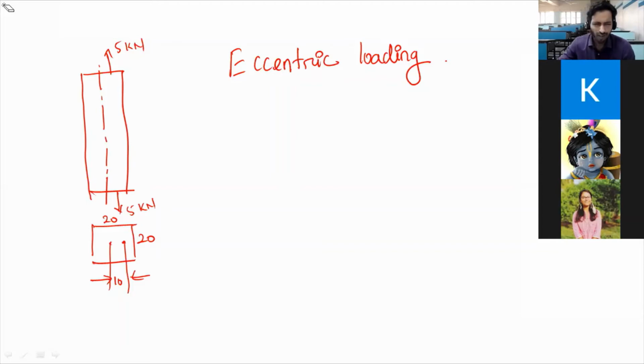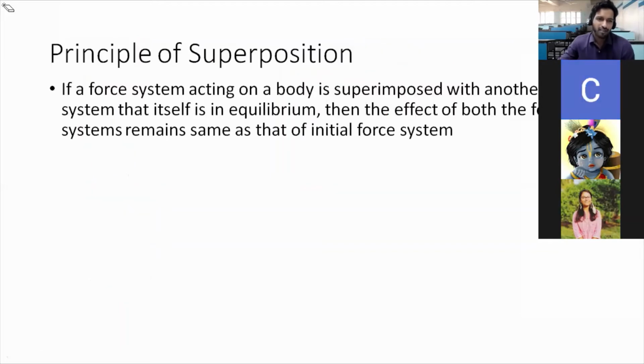So what does it state actually? This is the principle of superposition. For the record, you can make note of it. But knowledge without understanding is useless. Just try to recall this.